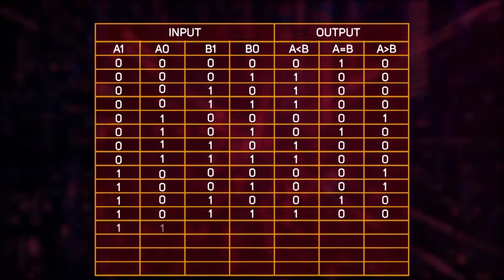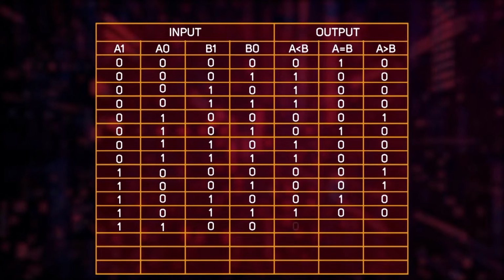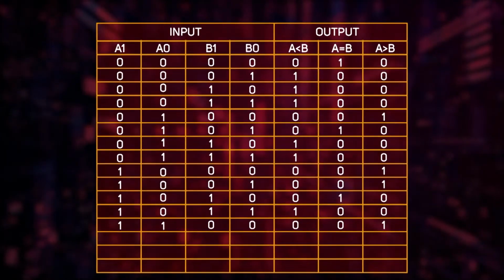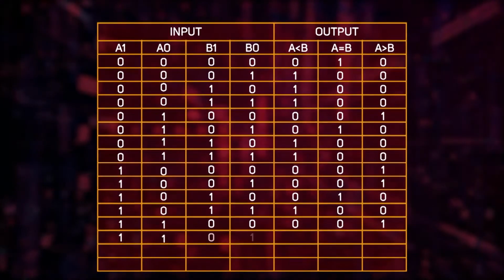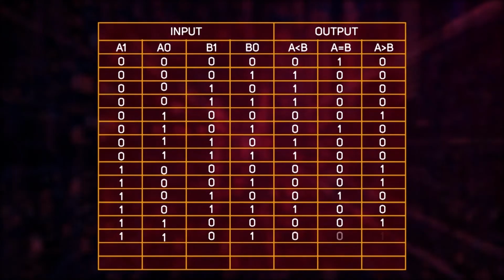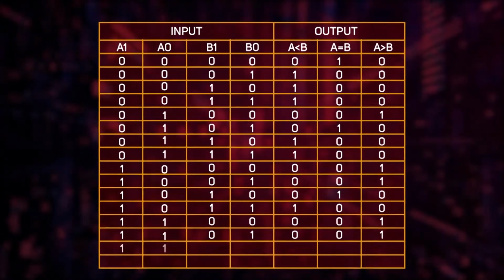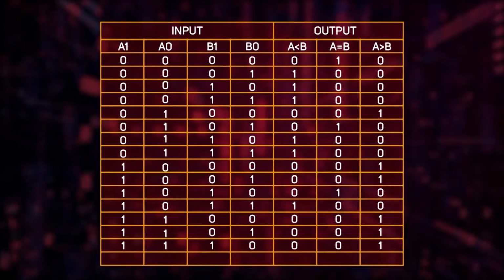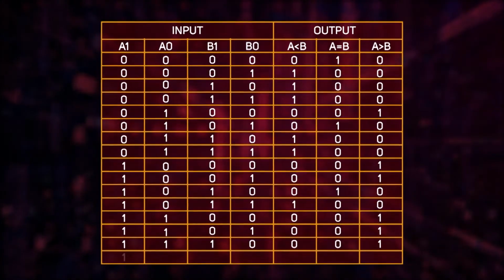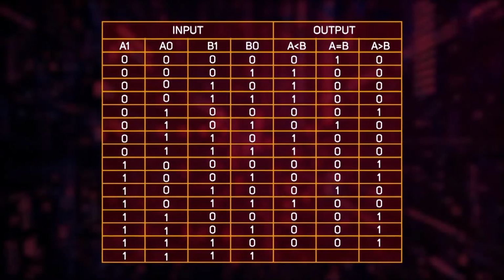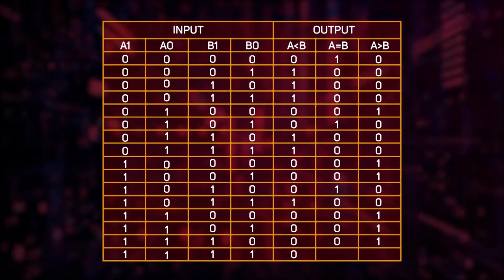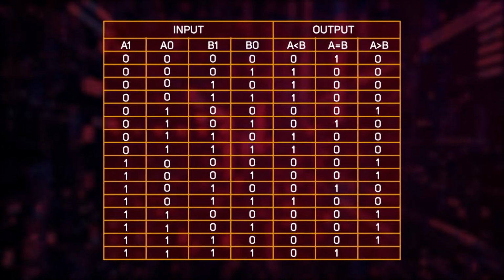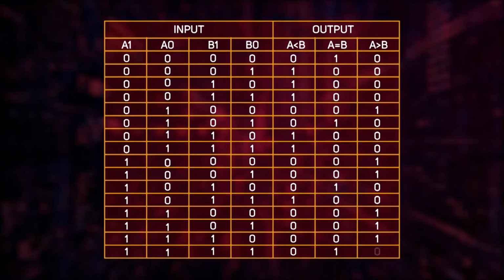A is 1 1 and B is 0 0, the outputs are 0 0 1. A is 1 1 and B is 0 1, the results are 0 0 1. A is 1 1, B is 1 0, the results are 0 0 1. And the last case, when A is 1 1 and B is 1 1, A less than B is 0, A equal to B is 1 and A greater than B is 0.